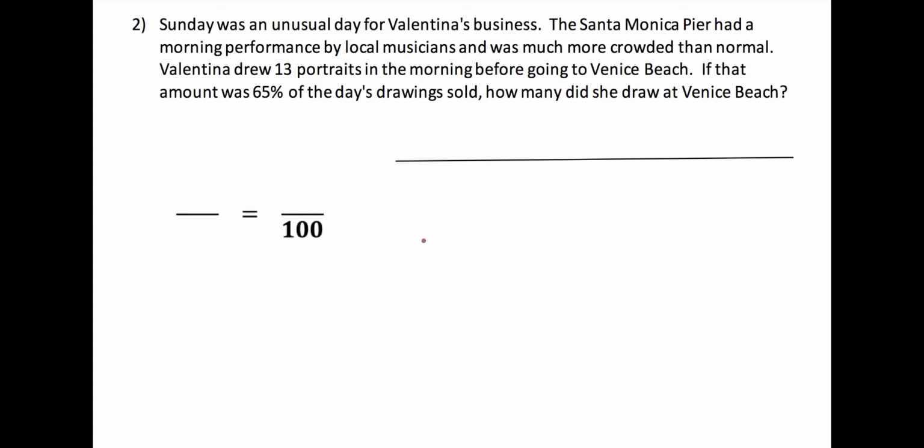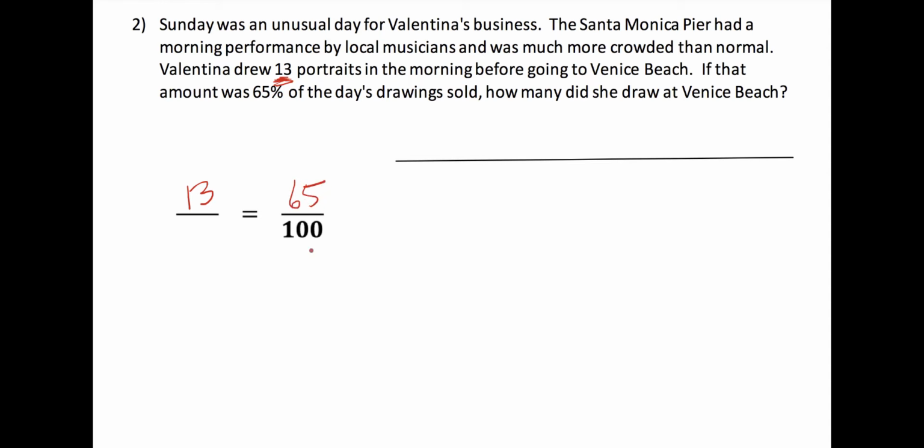All right, so let's take a look here. We learned that she drew 13 portraits at Santa Monica Pier. So that's the part, right? That's part of what she drew. So let's say 13. And we know that that amount was 65% of the total drawings that she drew for the day.